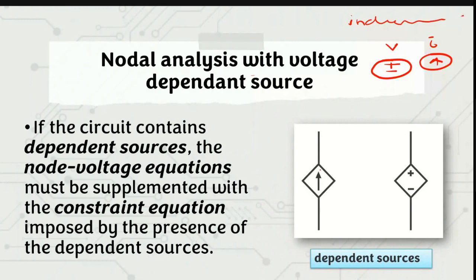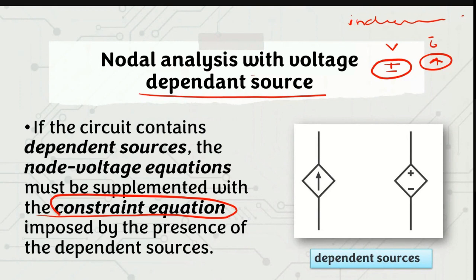But if you have a diamond source, this one we call the dependent source. If the circuit contains a dependent source, the node voltage equation must be supplemented with the constraint equation.